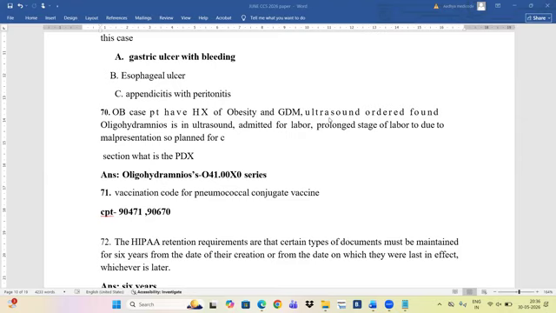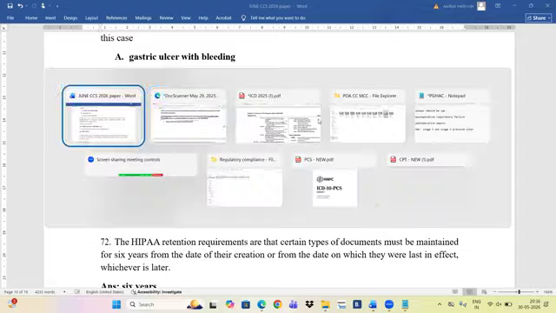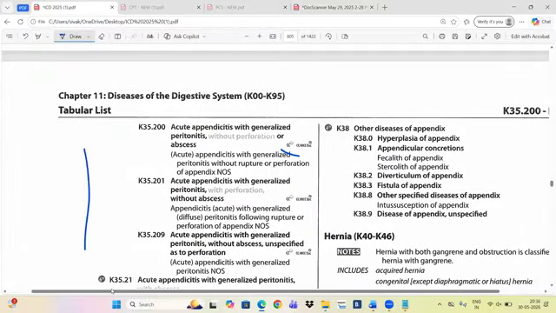O4100 is unspecified trimester, sir. Beside it, they have given a sixth character like that, you are getting a seventh character, no? O41.0 beside.